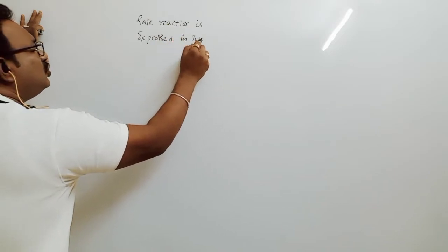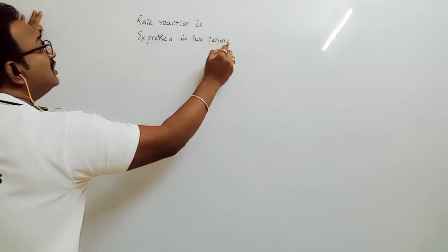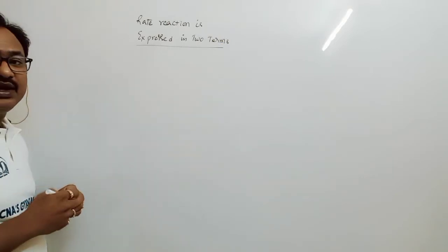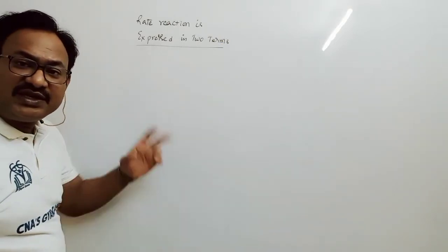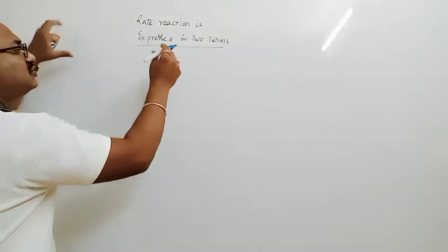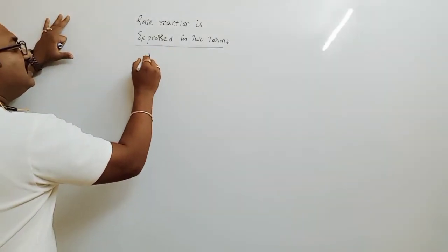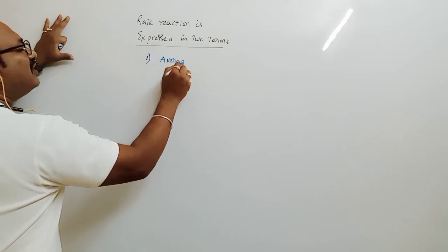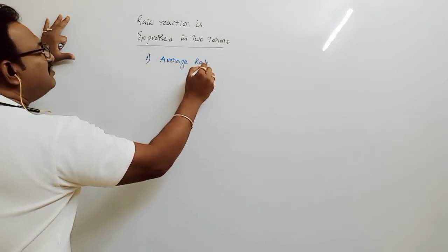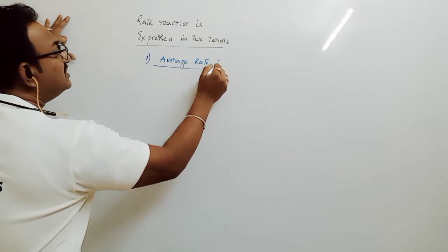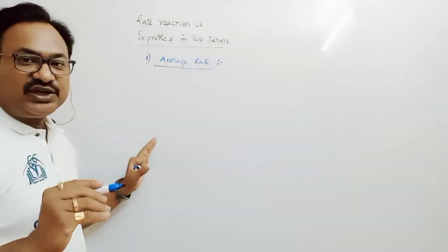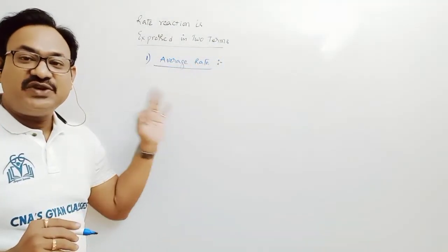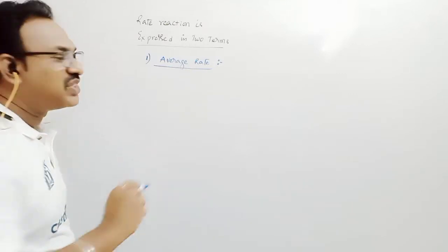Rate of reaction is in general expressed in two terms. What are those two terms? इसमें first average rate. The first and important thing is average rate. Rate of reaction is expressed in two terms, in which the first one is average rate.